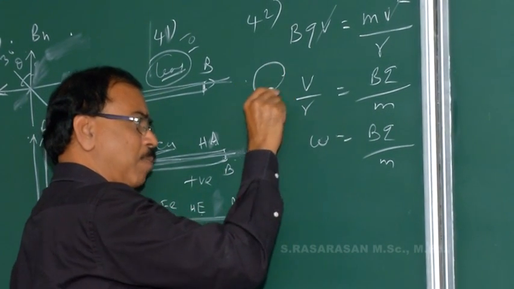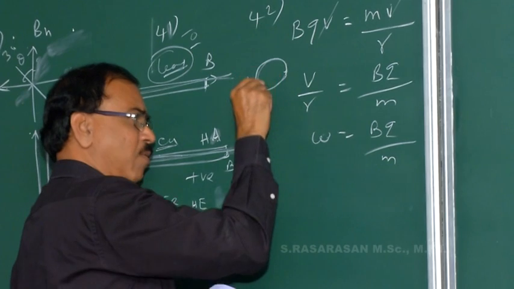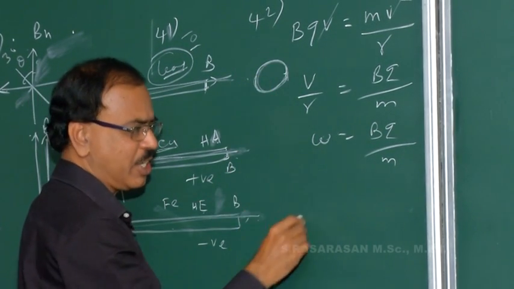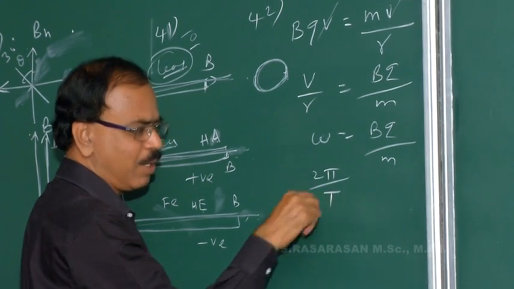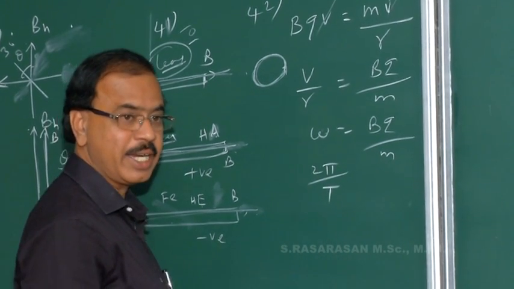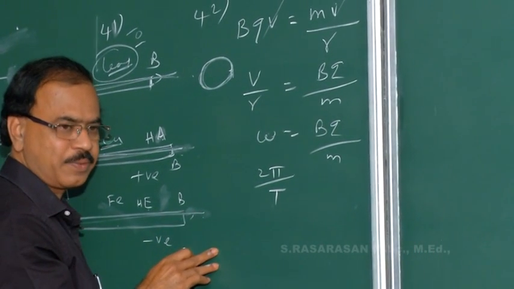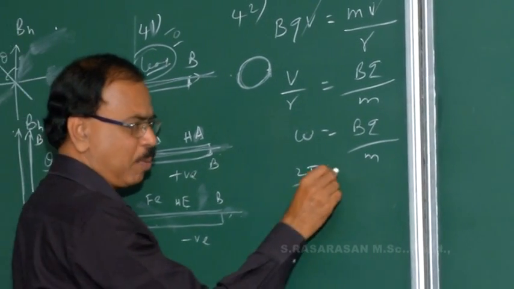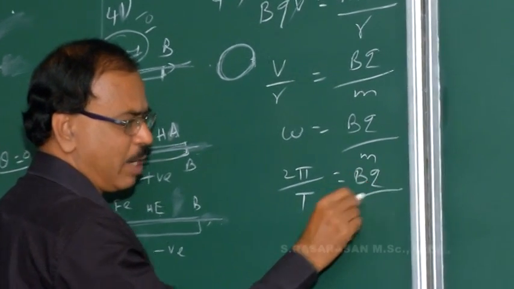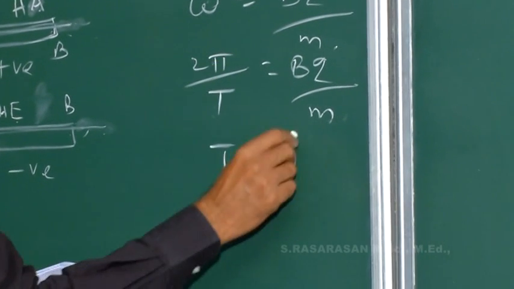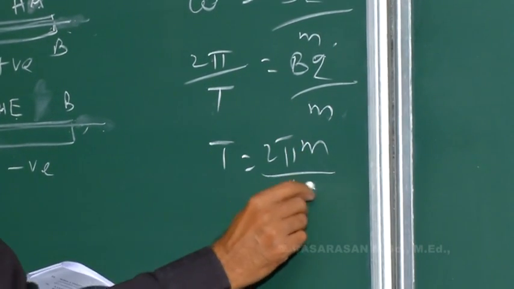For one circular path, the radius vector sweeps 360 degrees or 2 pi radian in a time T, where T is called the time period, a constant for this circular motion always. So 2 pi by T is equal to BQ by m. So T is equal to 2 pi m by BQ.